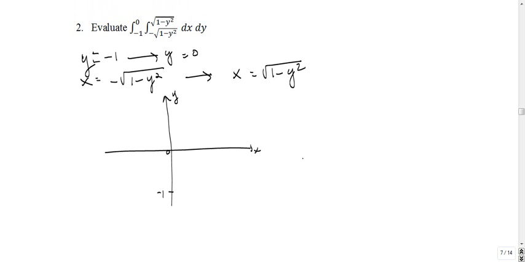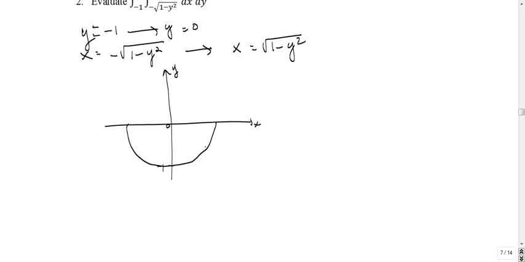And then x goes from the negative side to the positive side. So we are going to do this. Okay? Good.